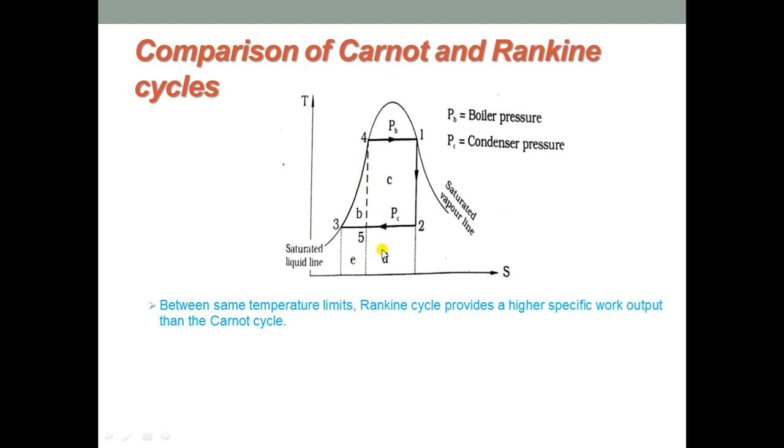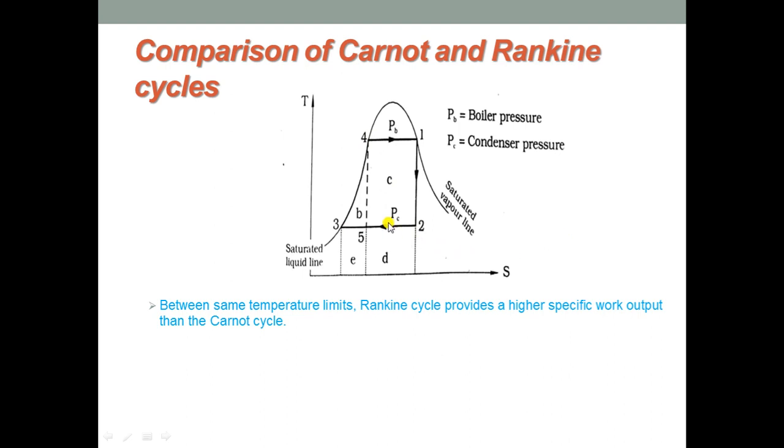Here we can first identify the cycles. Points 1, 2, 5 and 4 represent a Carnot cycle. The cycle 1, 2, 3, 4 and 1 represents a Rankine cycle.